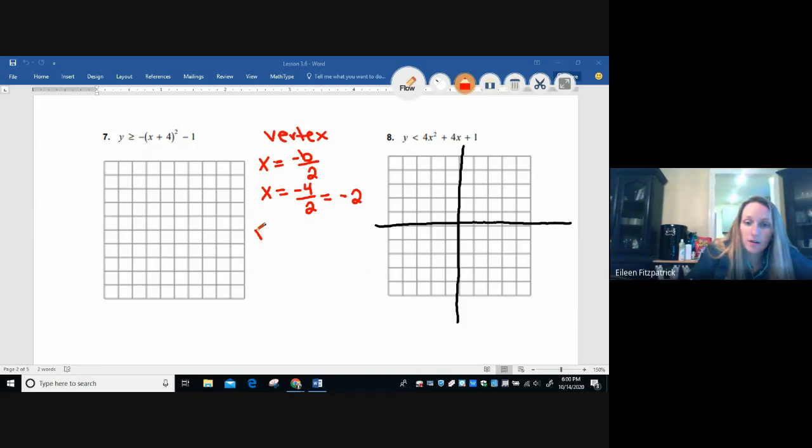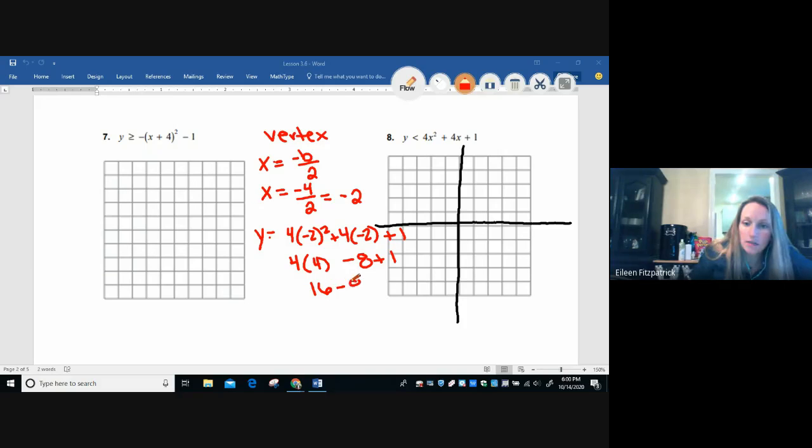Okay, and then to find the corresponding y, I'm going to plug that negative 2 into the original equation. So it's 4 times negative 2 squared plus 4 times negative 2 plus 1. That's 4 times 4 minus 8 plus 1.